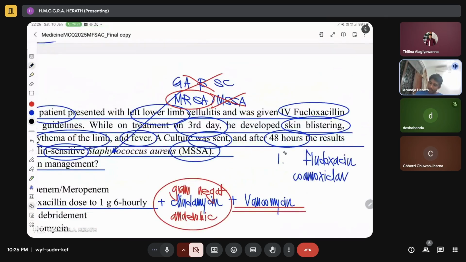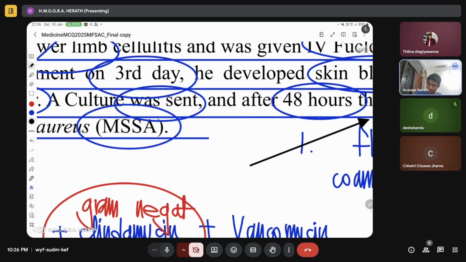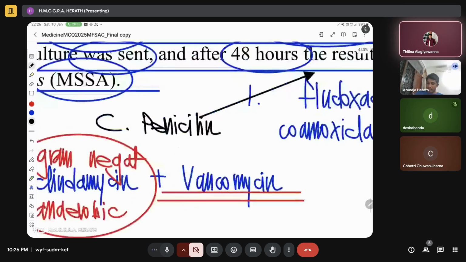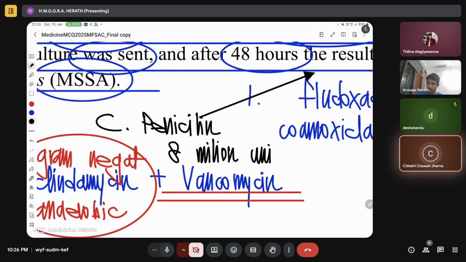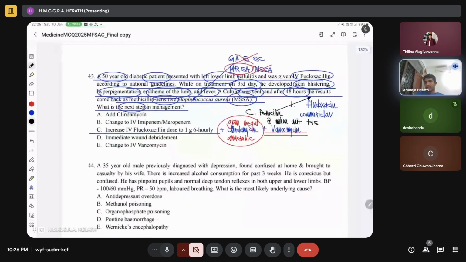If flucloxacillin and co-amoxiclav are not available, what is the most generic recommended antibiotic? Penicillin. Crystalline penicillin. How much? 8 million units. Yeah, 8 million units TDS, if I can remember.